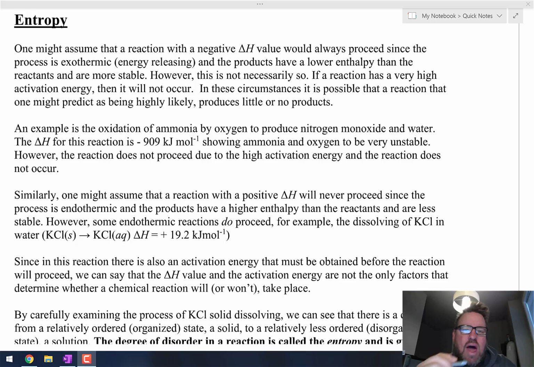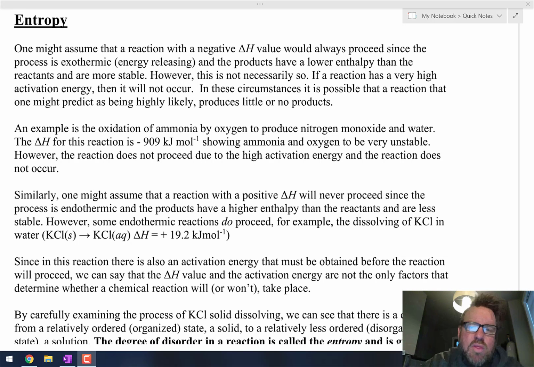Now, a lot of times when we talk about is the reaction going to happen or not, we use the word spontaneous. Is the reaction spontaneous or not? If it is spontaneous, then we say yes, the reaction is going to happen all by itself without any outside intervention. If it's not, then it won't.